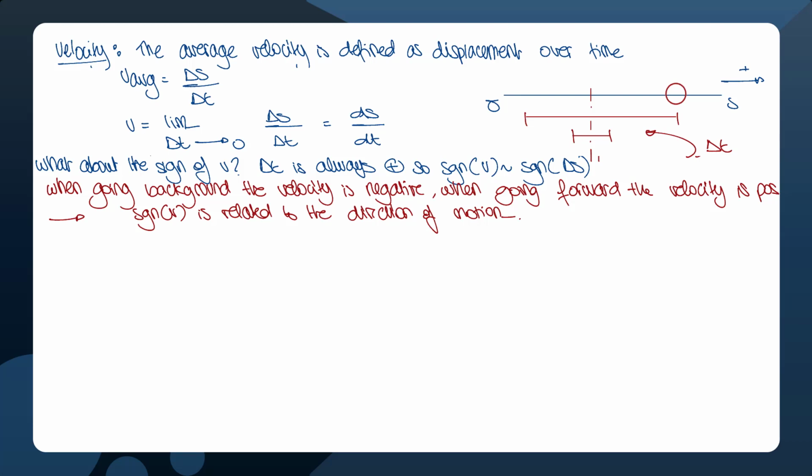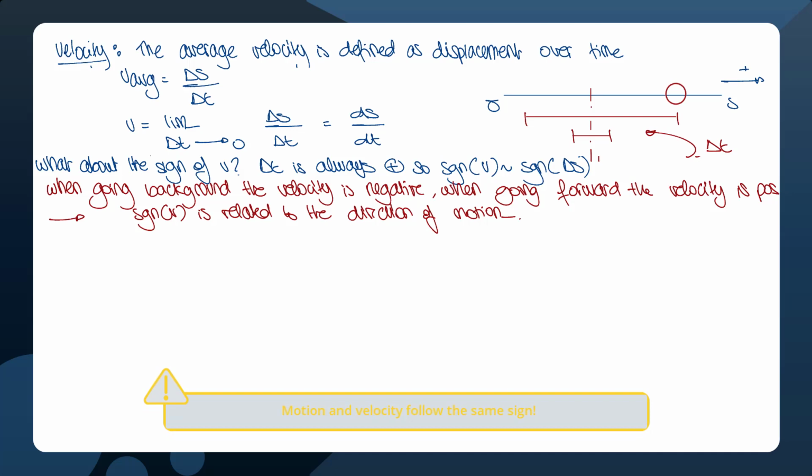So one can say that when going backward, the velocity is negative, and when going forward, the velocity is positive. So one can conclude that the sign of v is directly related to the direction of motion. So based on the motion, one can know if the velocity is positive or negative. If you're moving forward, the velocity must be positive. If you're moving backward, the velocity must be negative.